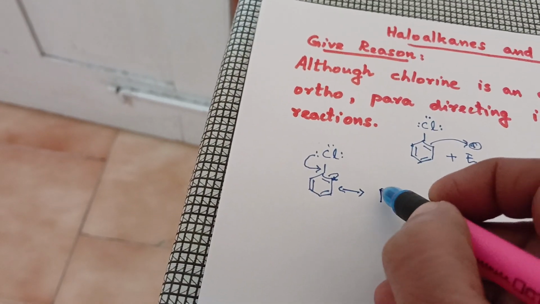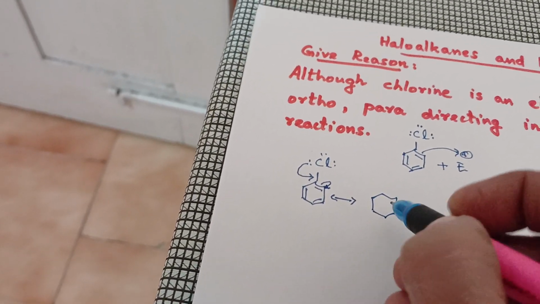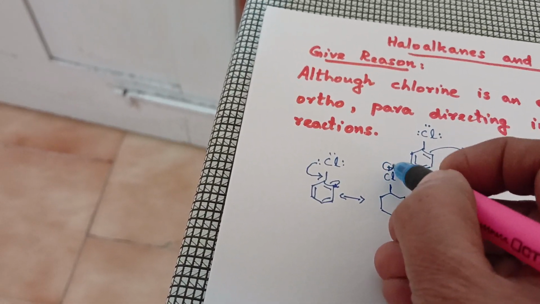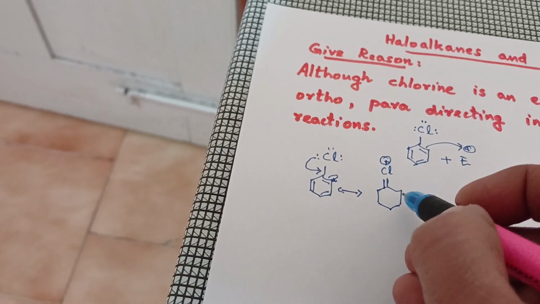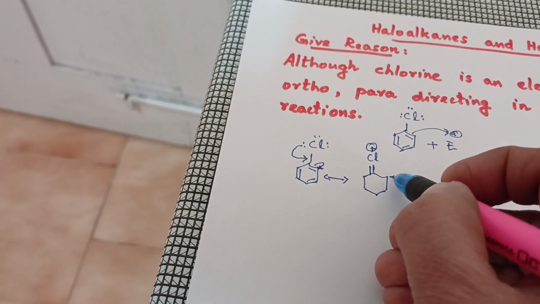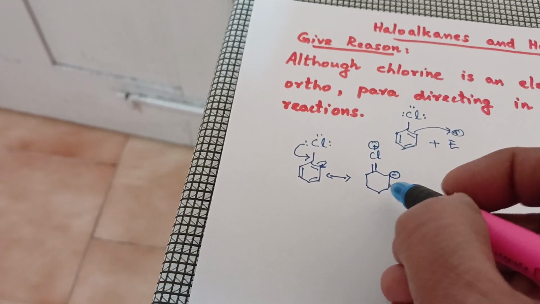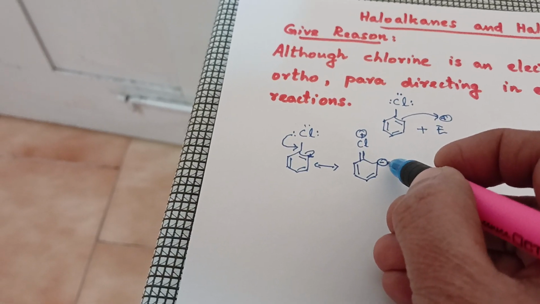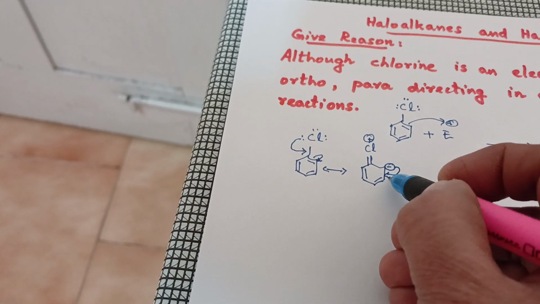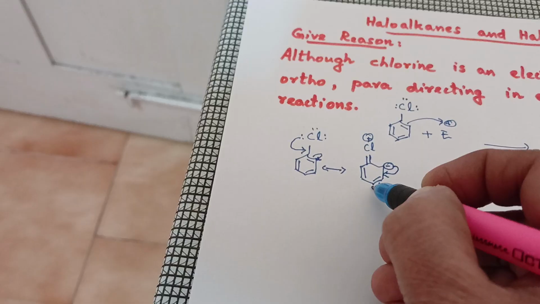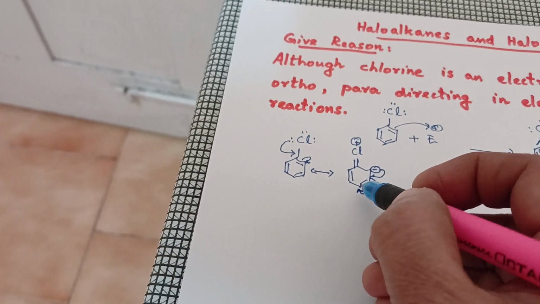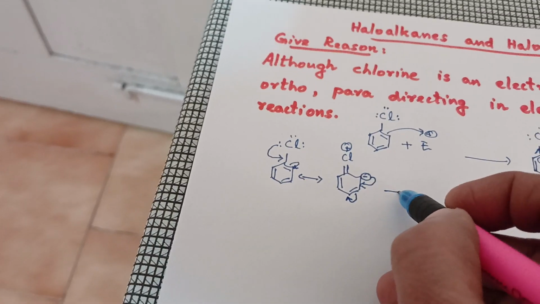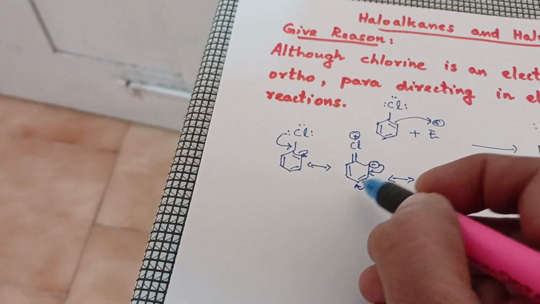So the electron density at that position increases, and chlorine develops a positive charge, and the electron density here is increased. Which position is it? You can see that it is the ortho position. And now these electrons move in here, and the electron density increases there.